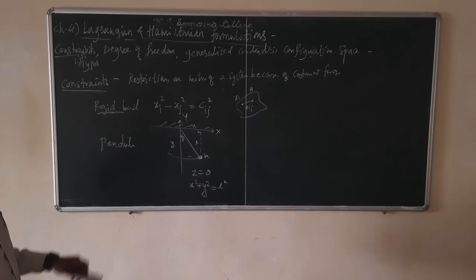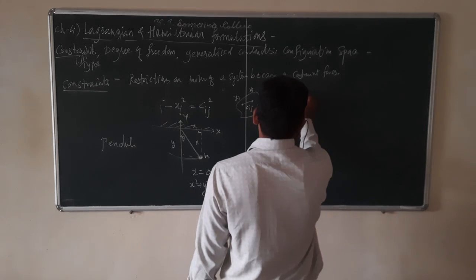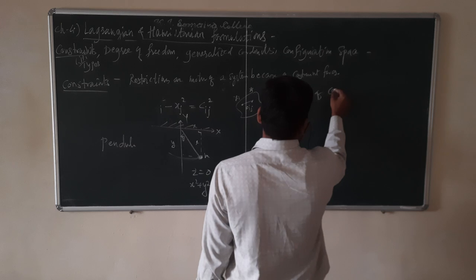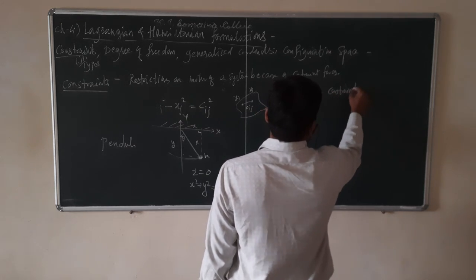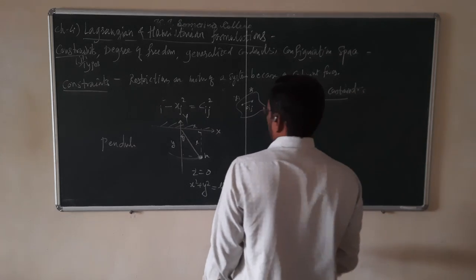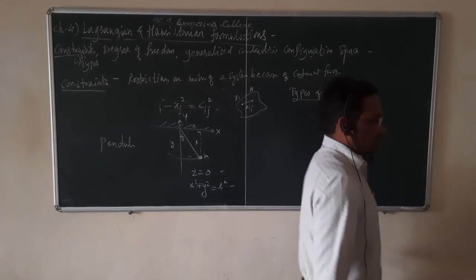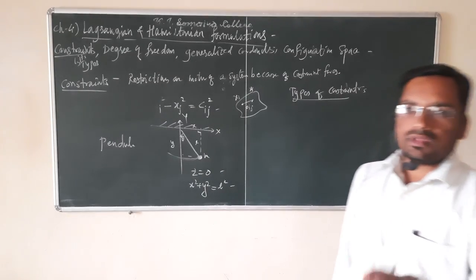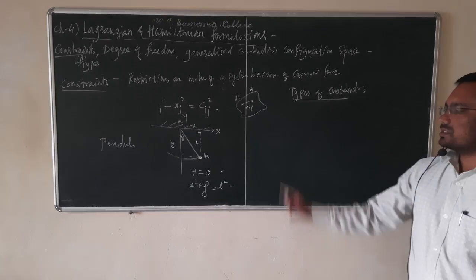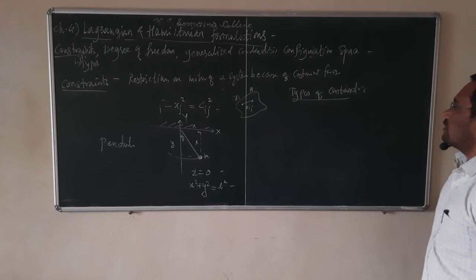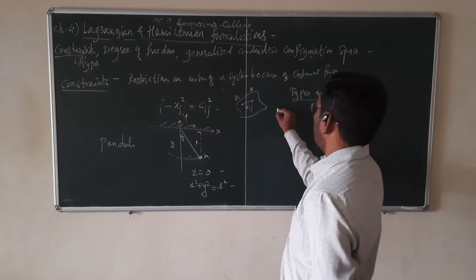Now we are moving to the next point, types of constraints. The equations that we write for showing constraints on the motion are known as constraint equations. So depending on those constraint equations, constraint types are classified. First of all, the first type is holonomic.